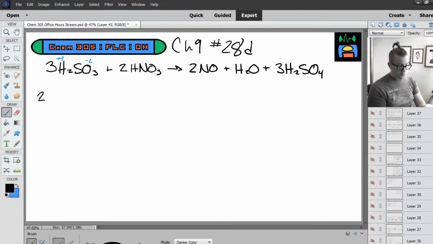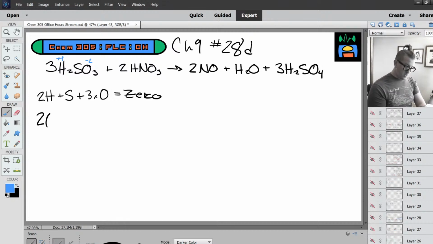We know that 2 times the oxidation state of hydrogen plus the oxidation state of sulfur plus 3 times the oxidation state of oxygen will equal our total charge, which is 0. Hydrogen in this molecule has an oxidation state of +1. Sulfur we're trying to figure out. Oxygen has an oxidation state of -2. That all equals 0.